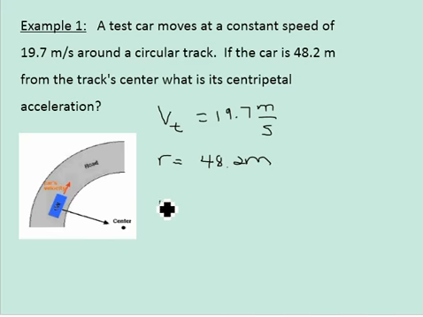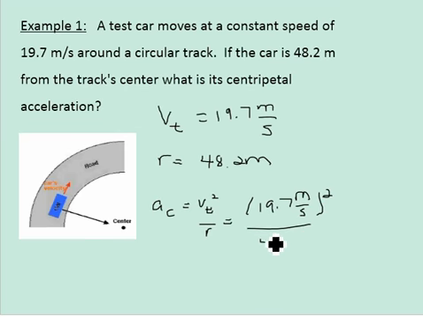And we know that our equation for centripetal acceleration is the linear speed squared divided by the radius. So we take our 19.7 meters per second, we square it, divide it by our radius. That gives us a number of 8.1. And let's just check our units.